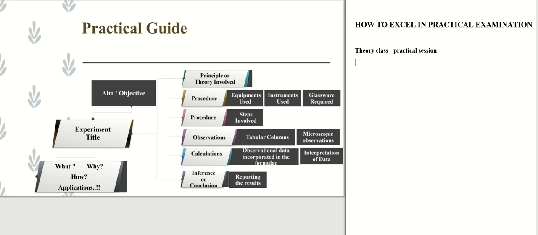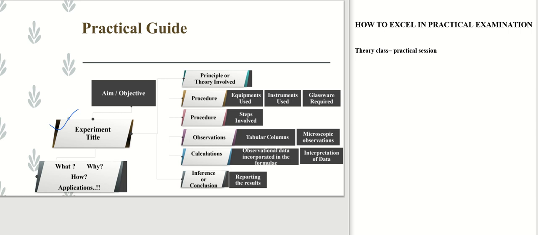So, the first step is we need to know the importance of the practical that we are carrying out and how far that is relevant to the theory class. Now, first, we'll get to know the experiment title. So, what experiment are we performing?